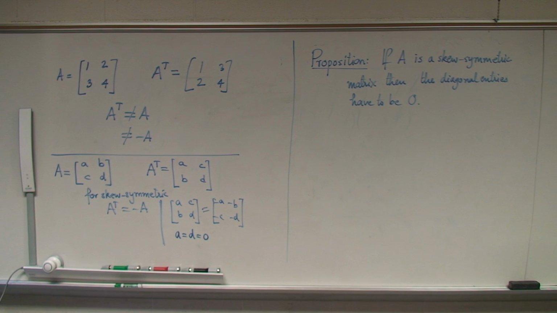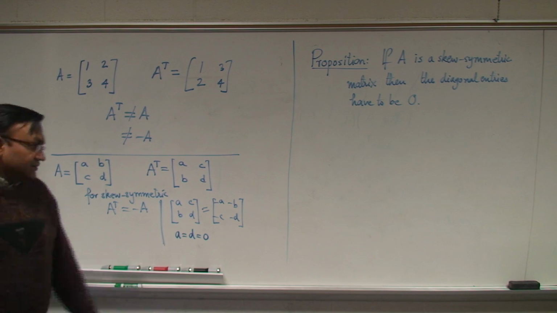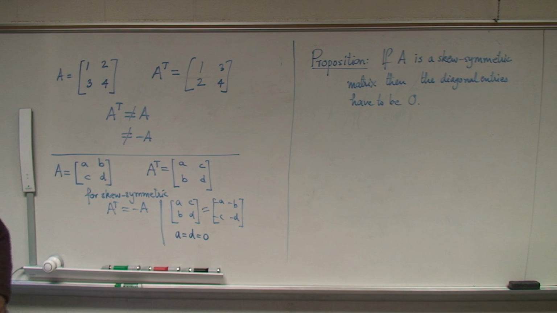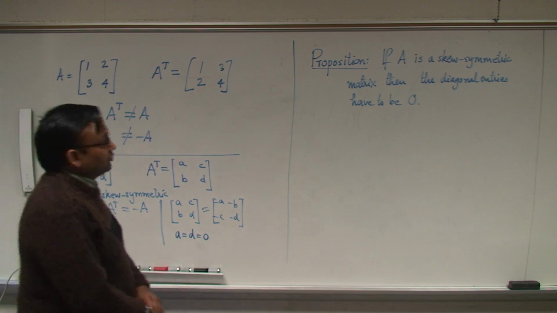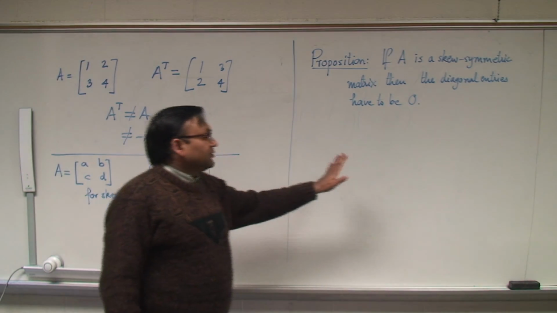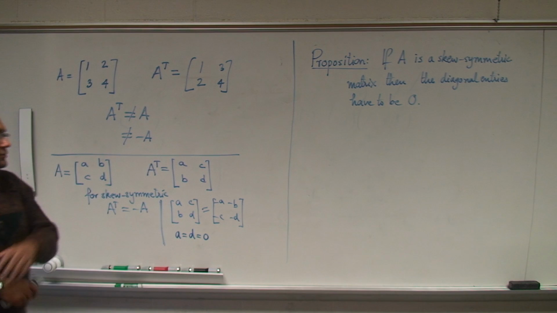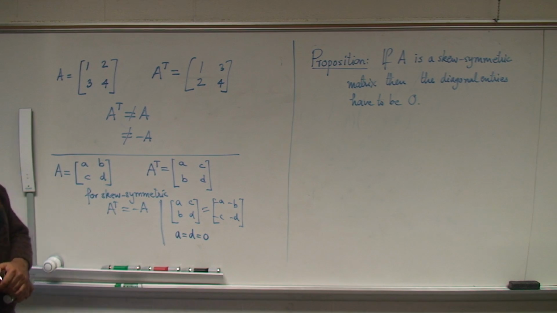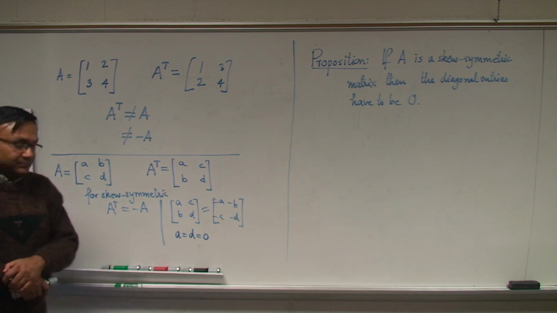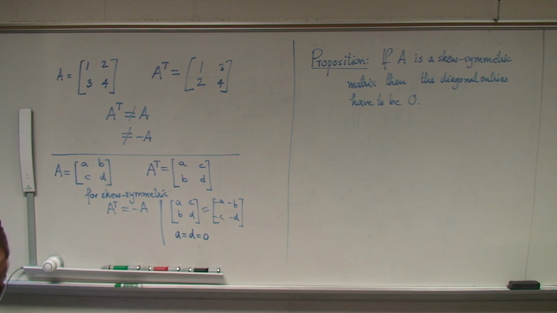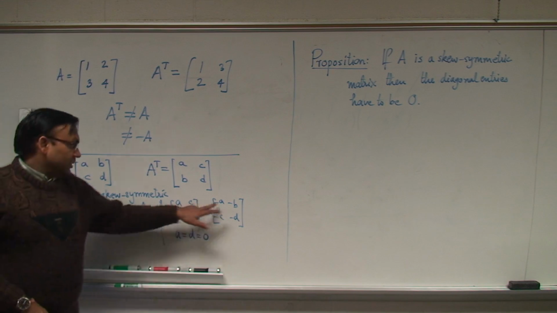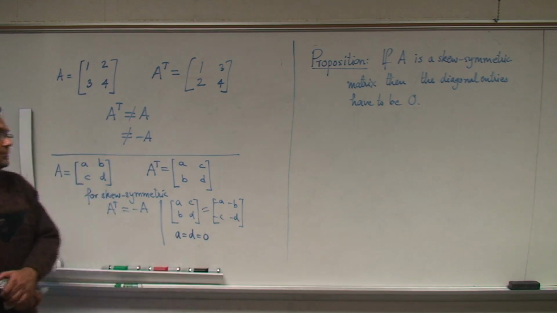I should caution about one thing at this stage, not that it will affect most of us at this level, but the result that I have written is true for almost every kind of situation, except when you are working in a very special field. For example, if you're working in field mod 2, then A could be equal to minus A without A being 0.